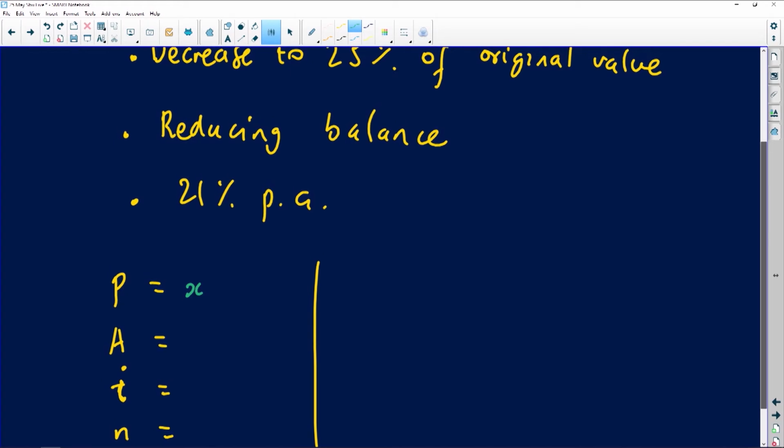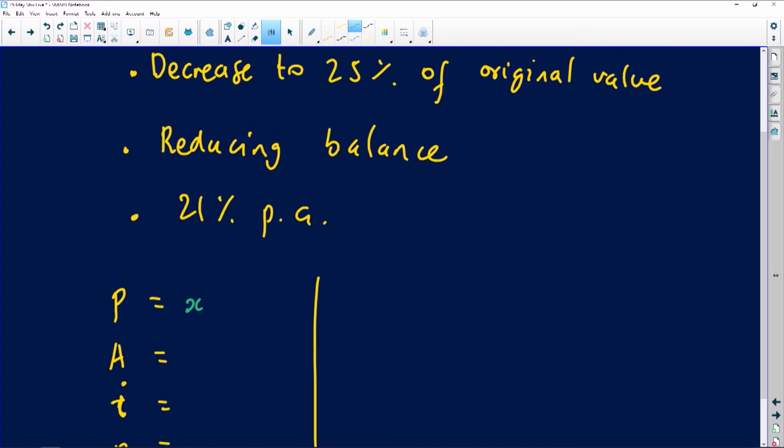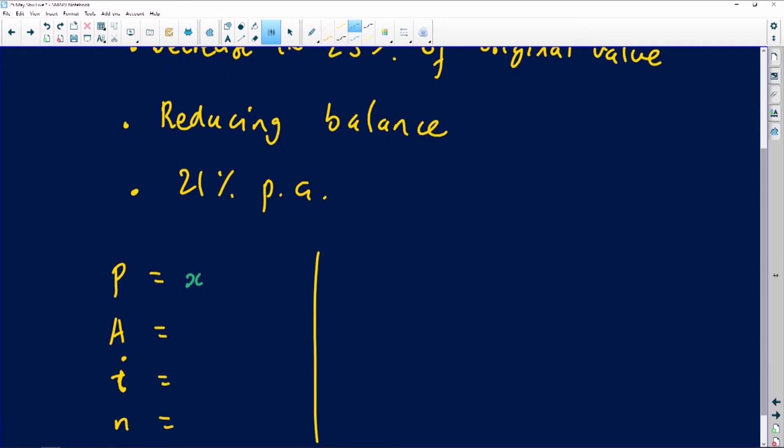And then A is what this thing is going to be later. They say it's going to decrease to 25% of the original. So if the original value was X, it means in future, it's going to be 25% of X, right? What is 25% of X? 25% of X, and the interest was given to us as 21%, which is 0.21, and we're looking for n, right?